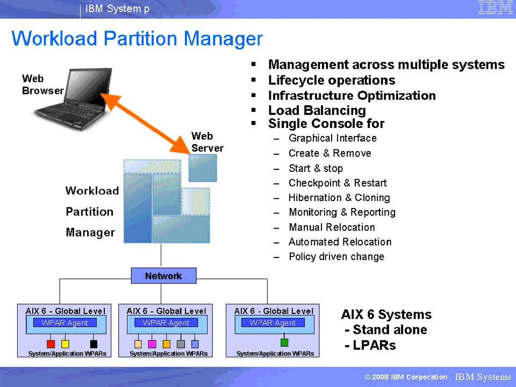Let's have a look at Workload Partition Manager. It's a piece of software that we install on a copy of AIX6. We then go to each of the machines or logical partitions running AIX6 where we have workload partitions running or we plan to have them, and we install the Workload Partition Manager agent. We then run a single command to configure this agent to talk to the Workload Partition Manager.